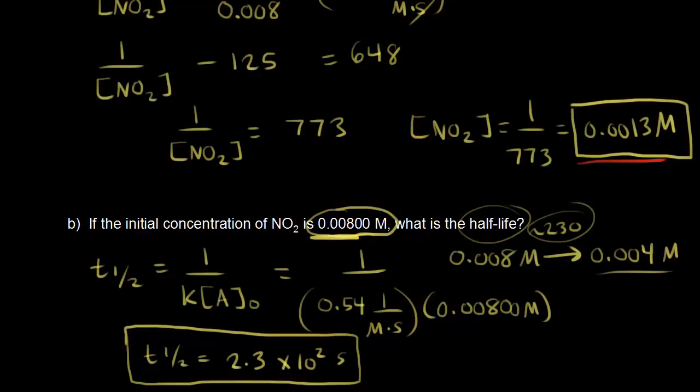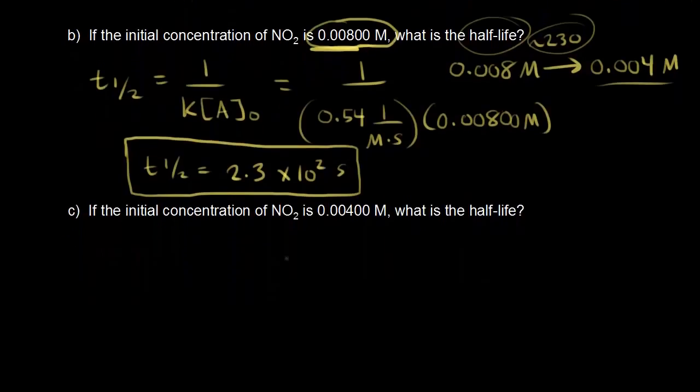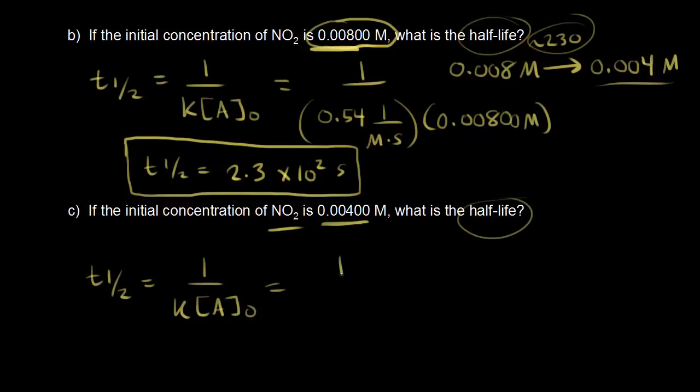All right, let's compare what we got in B to what we're going to get in C, because in C we're changing the initial concentration of NO2 to 0.004 molar. So now what's the half-life? So the calculation is the same, right? We're going to plug in T1/2 is equal to 1 over K times the initial concentration of A. The difference is we're changing the initial concentration. So K stays the same, 0.54, 1 over molar times seconds. But now we're going to plug in 0.004 instead of 0.008.